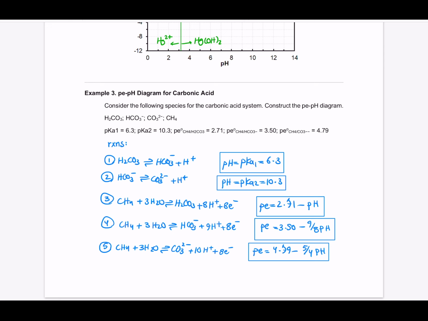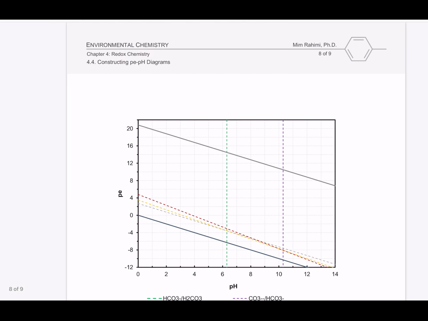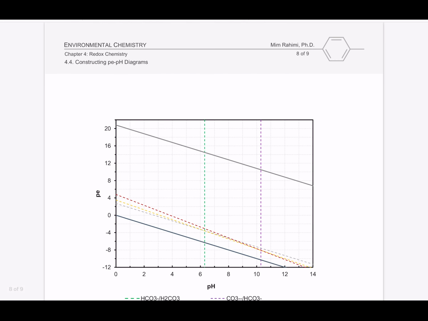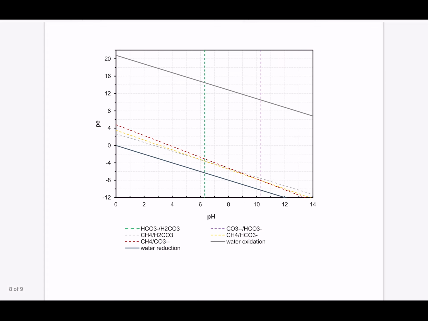So now we have the equation of the line. The next step would be basically drawing the lines. It would be a simple task in Excel or even by hand if you have the graph. But the good news is we already have it. And it shows what exact reaction each line represents.